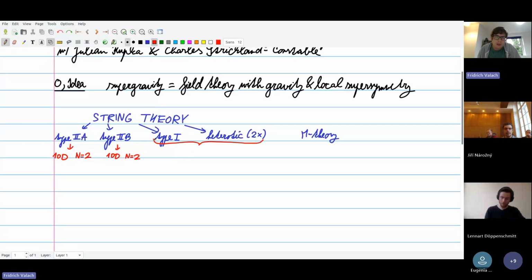Type 1 actually together with heterotic is what I will focus on today. The low energy limit of these things is the gauged N=1 10-dimensional supergravity, up to some small subtlety that I will probably not discuss. And for M theory, we get 11-dimensional supergravity, which you can say is N=1.